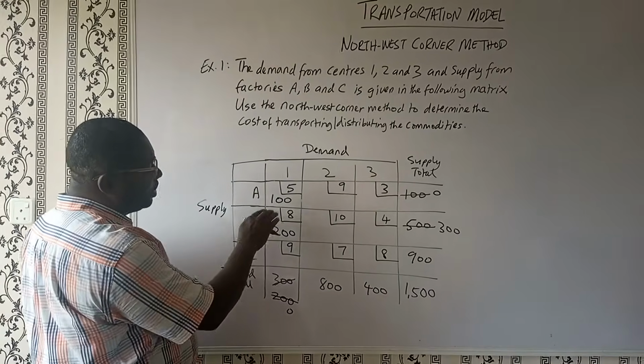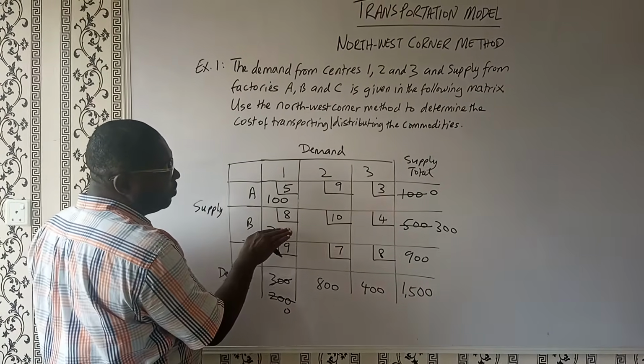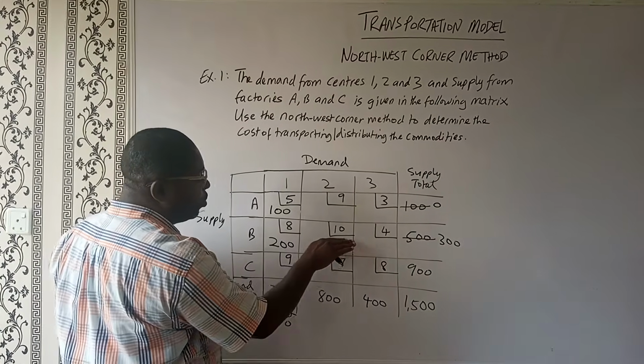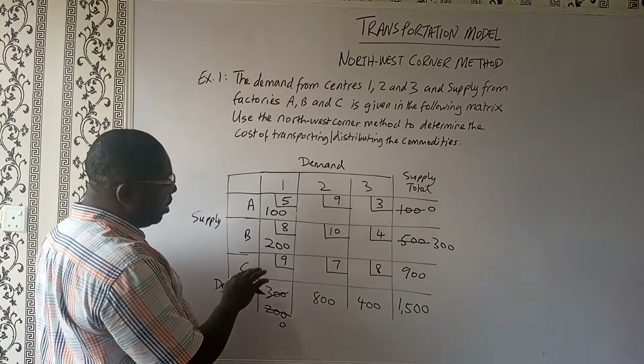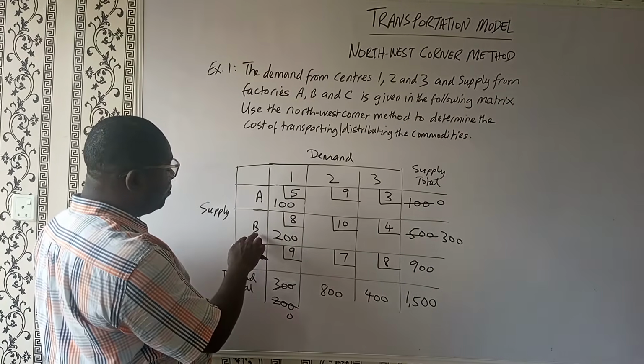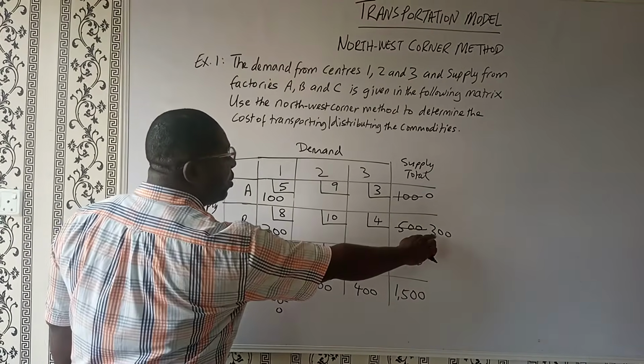Now we move on. Since we've exhausted this one, we now move this way. Remember I said we move from row to row. Now from factory B, we have a supply of 300.